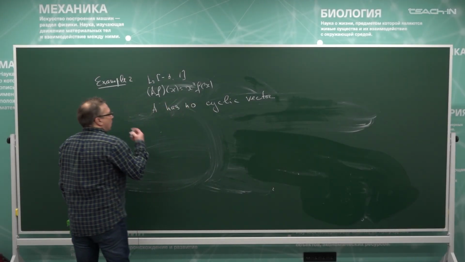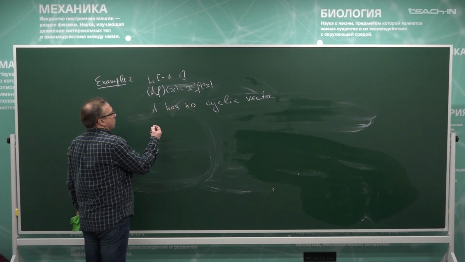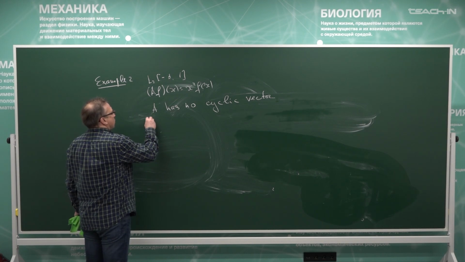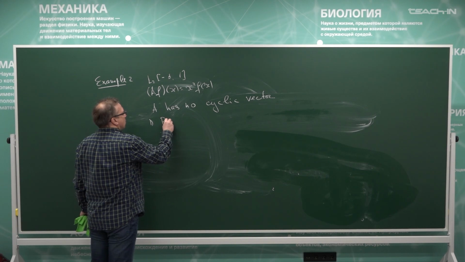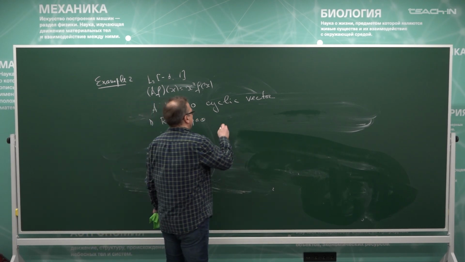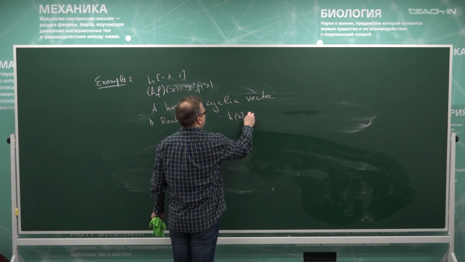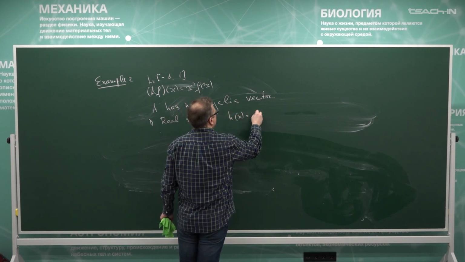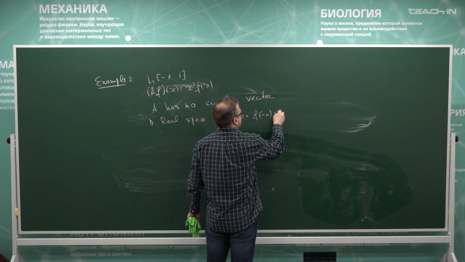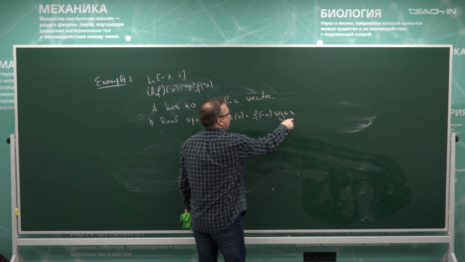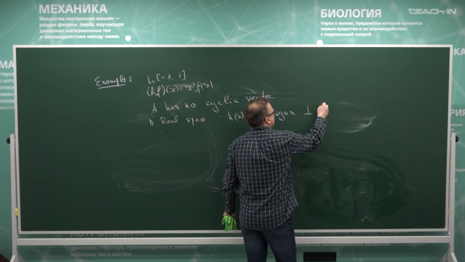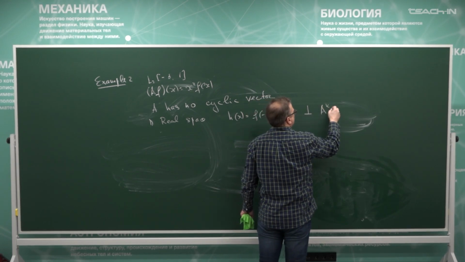Why? Let's consider first the real space. Let f be an arbitrary function, a candidate for a cyclic vector. I claim that the vector h(x) equal to f(minus x) sign of x is orthogonal to any power.